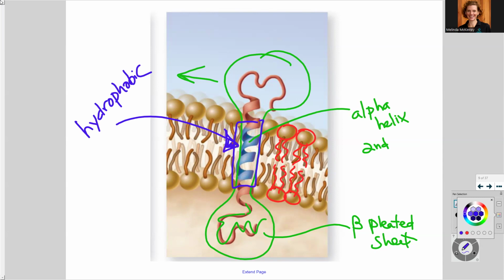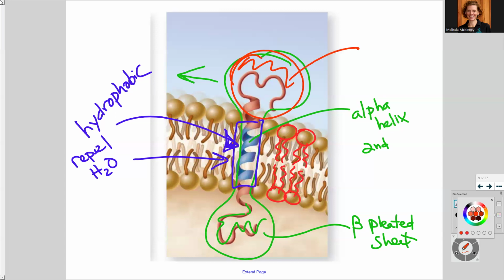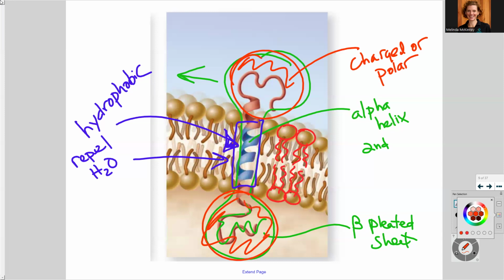So they repel water. So they just want to hang out away from water in the middle. Whereas the regions on the edge here are going to be more regions where these amino acids are maybe charged or polar. So they're going to want to be with water. So just this natural chemistry is going to help organize these molecules.